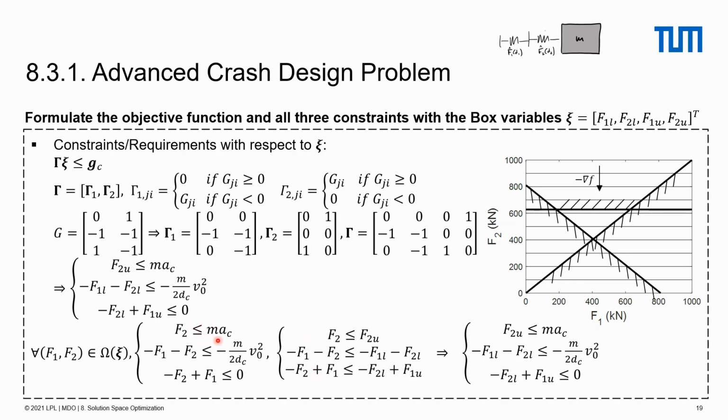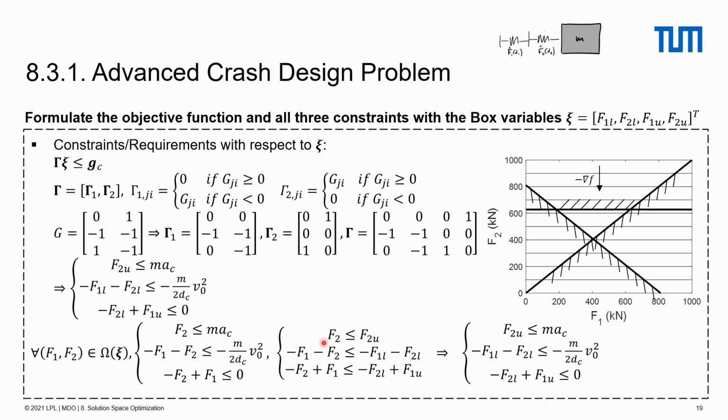Let's take an example of the first constraint. F2 less equal n times AC, and we have additionally that F2 is less equal F2U. That means F2U is the largest design of F2, and to fulfill both of these equations, we just need to check if F2U is less equal m times AC.